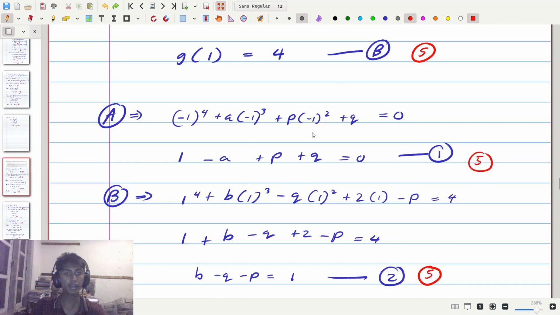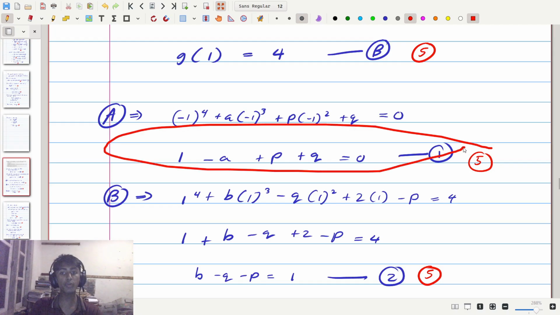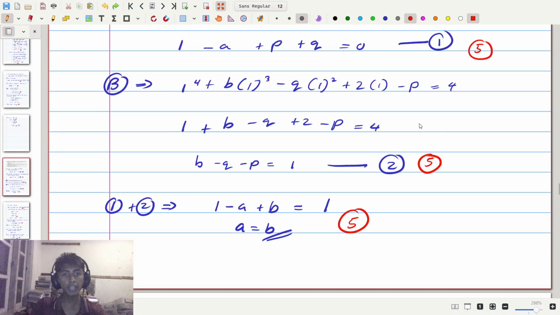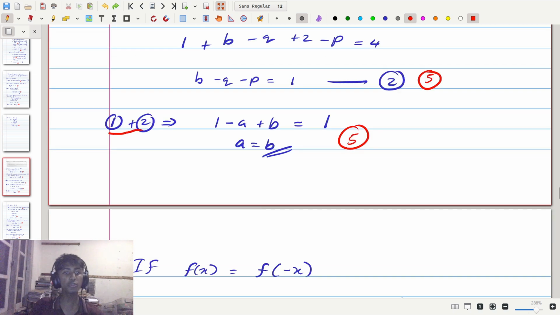Now after that, when you apply each of these equations to f of x and g of x, and from f of x's equation, you get 1 minus a plus p plus q equals 0. For this equation, you get 5 marks. Similarly, when you apply it to g of x and get this equation, b minus q minus p equals 1, you get another 5 marks. Now then after that, when you combine the two equations to get that a is equal to b, you get another 5 marks after that.